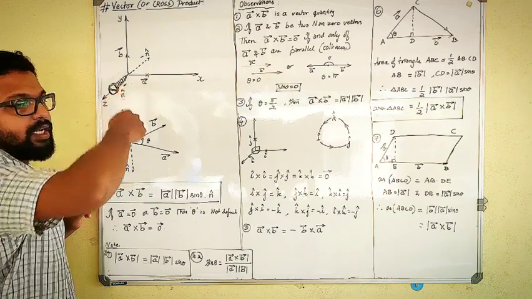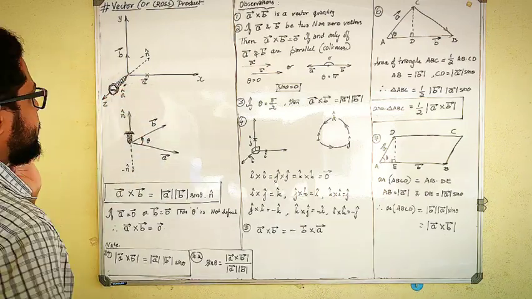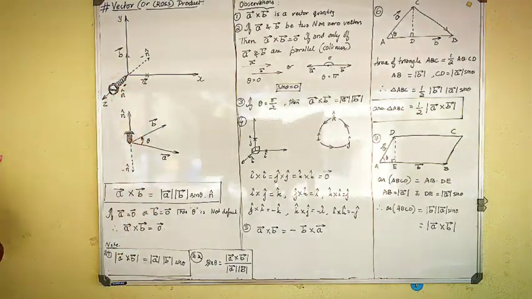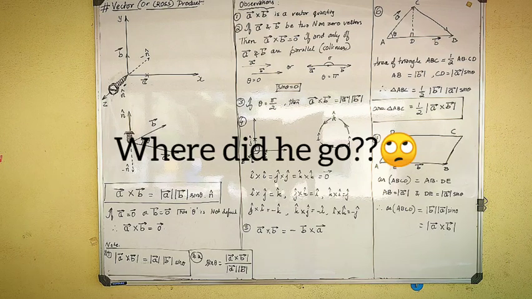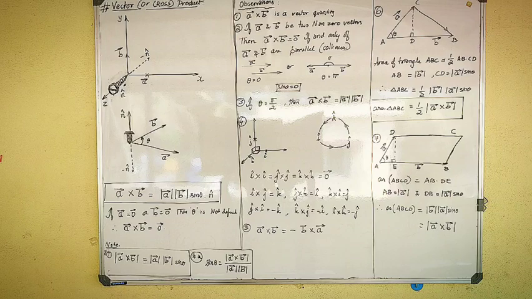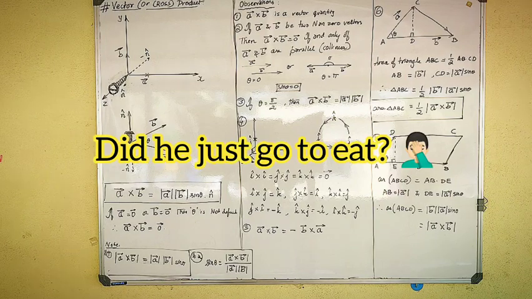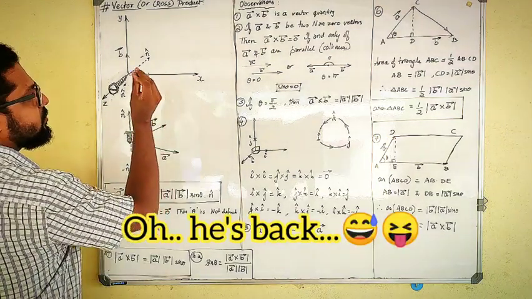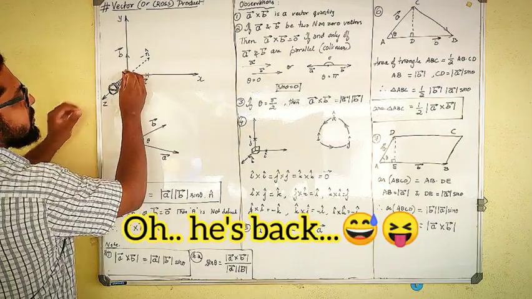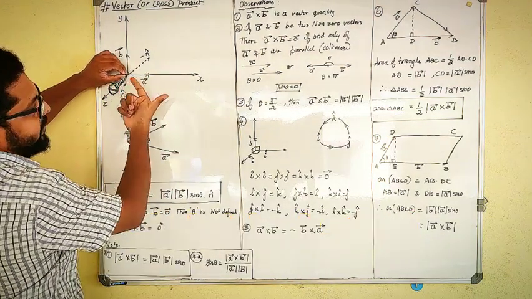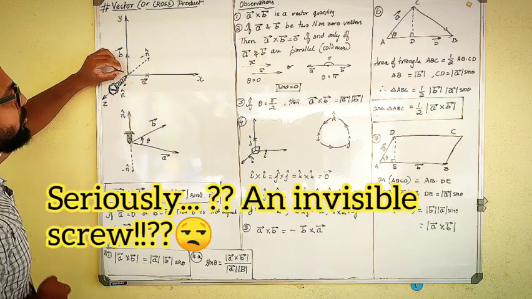Okay, imagine there is a screw like this on the z-axis. The z-axis is outside the board and the screw is here.